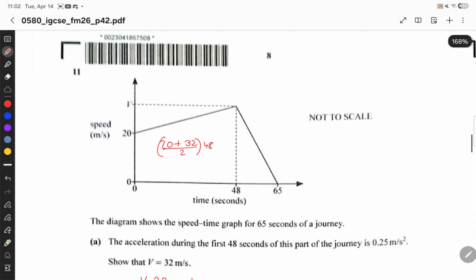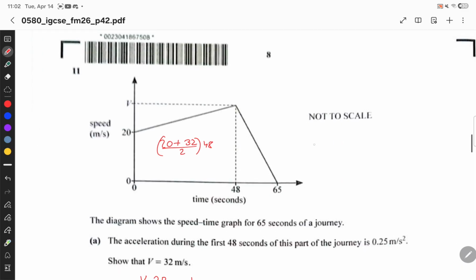If we cannot see it, this is a trapezium. This is 20, this is 32, sorry, which is also v, and this is 48. Like so.